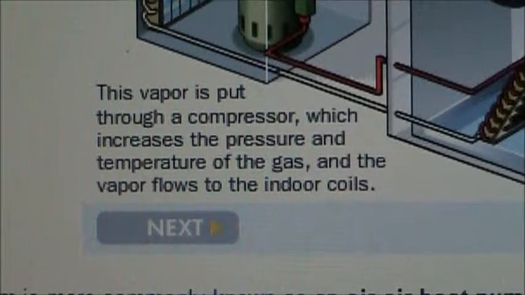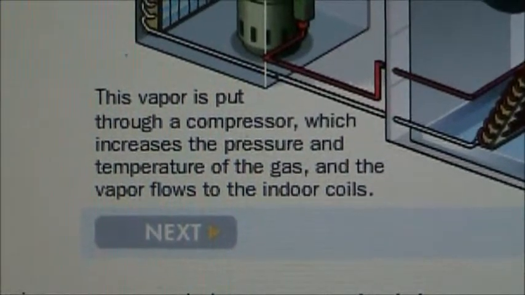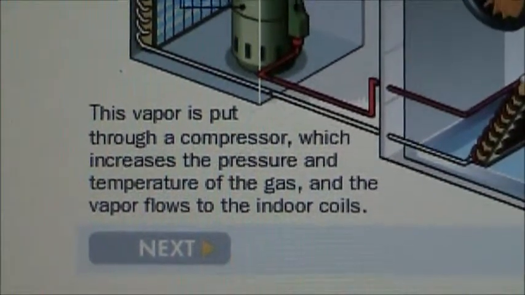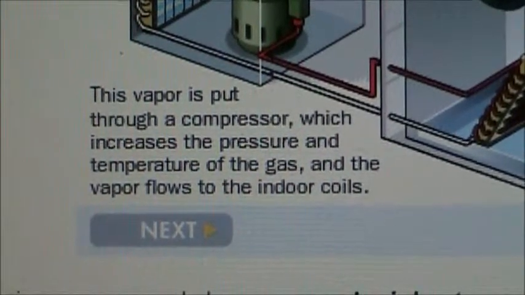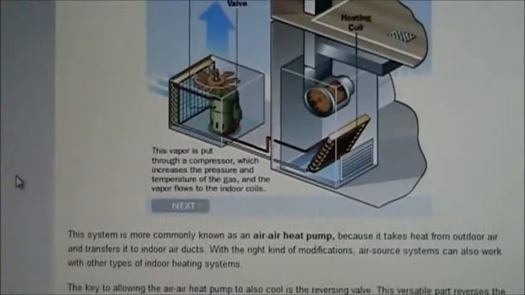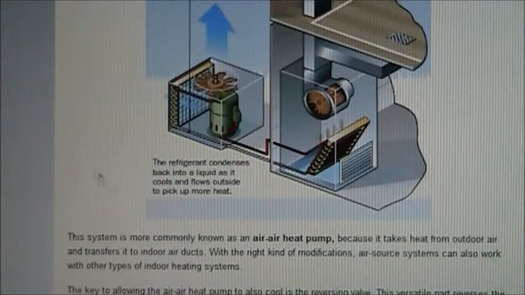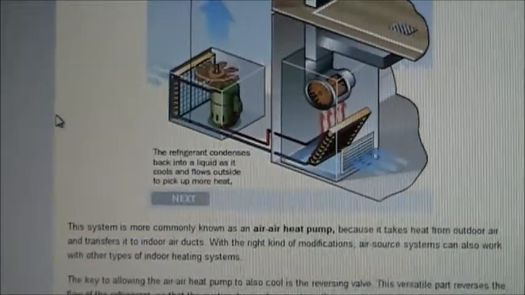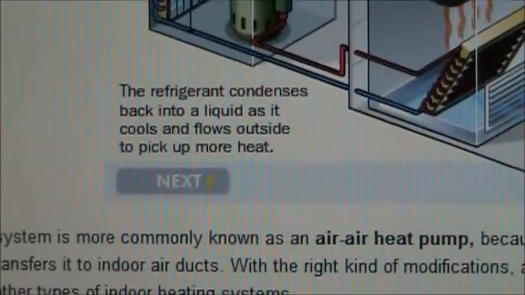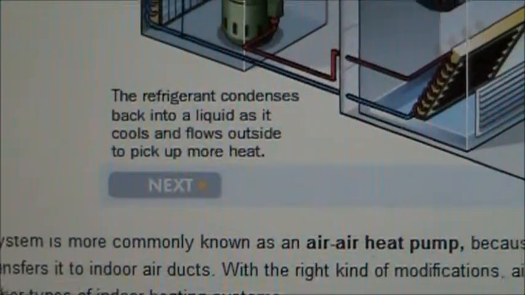This vapor is put through a compressor, which increases the pressure and temperature of the gas, and the vapor flows to the indoor coils, as we can see there. The refrigerant condenses back into a liquid as it cools and flows outside to pick up more heat.